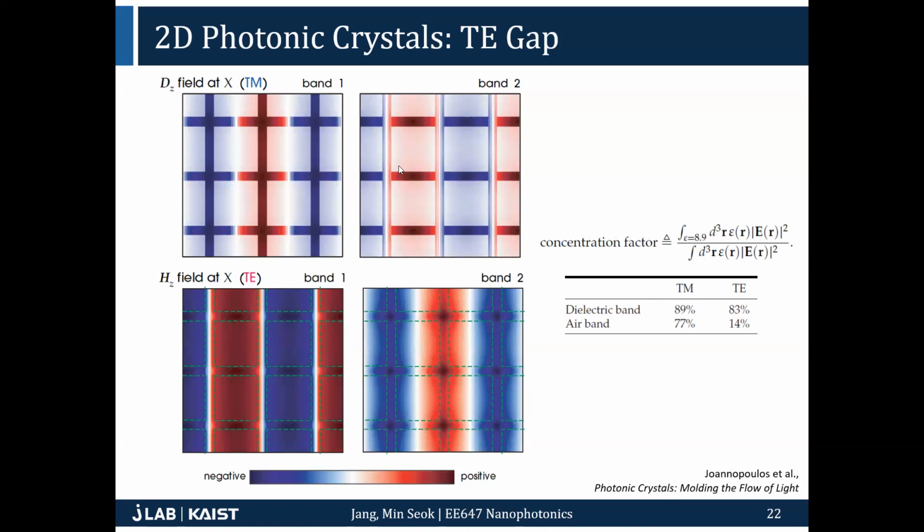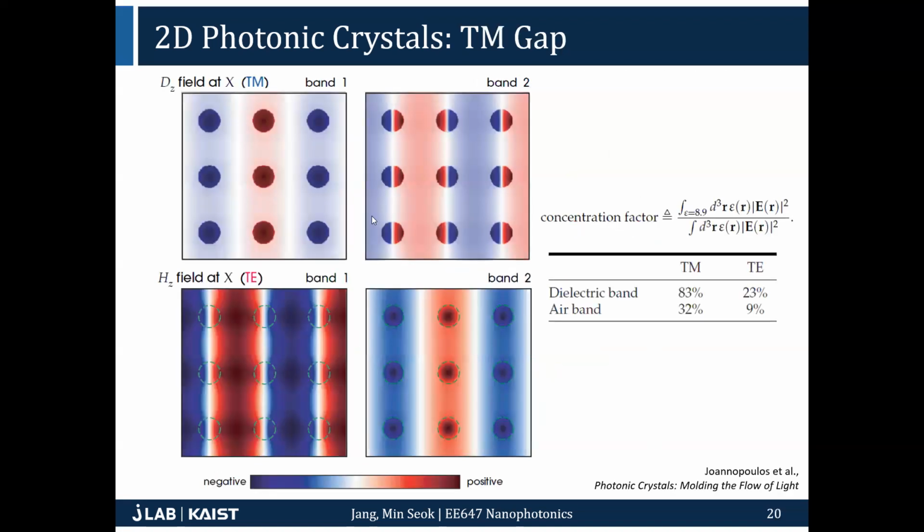So if you want to make a contrast here, in the case of separated cylinders, the concentration factor for band 1 and band 2 are very different, because in band 2, the field maximum is supposed to be in between the cylinder regions, but there's no high index medium in between. So we have a high concentration factor difference.